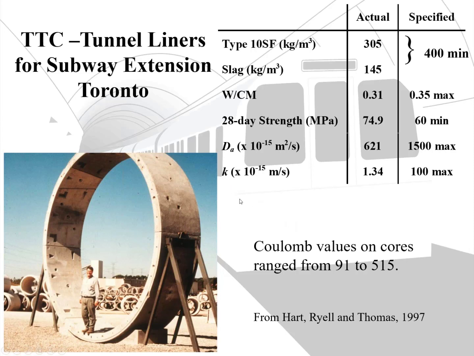They were cast with slag and silica fume almost 25 years ago now. They used a blended silica fume cement with about 8% silica fume in it, and about 30% slag here, with a 0.31 water binder ratio. They're getting 75 MPa, which is about 11,000 psi at 28 days. Low chloride diffusion rates, low water permeability rates. The Coulomb values were between 100 and 500 from that work.